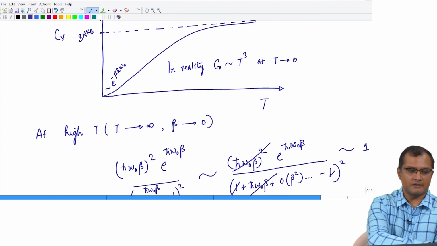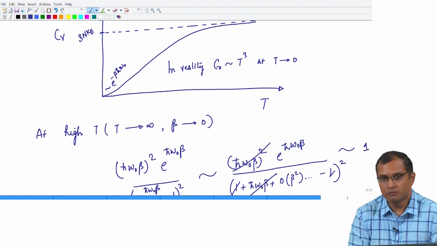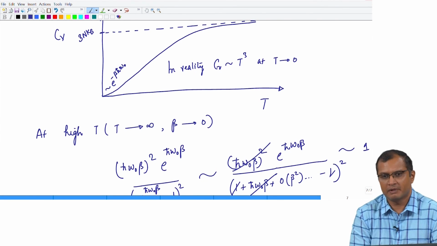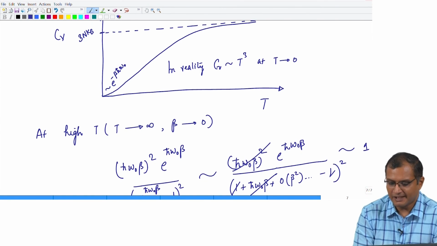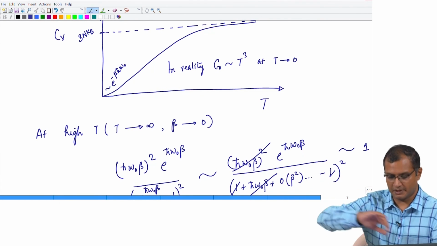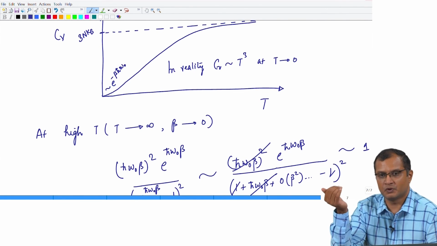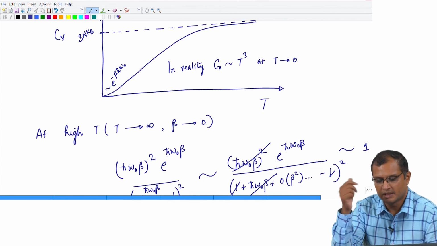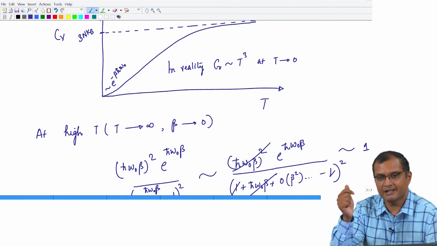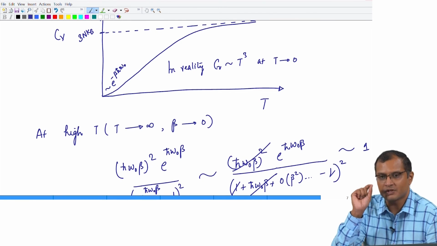This is called, in some sense, the T cube law, which is universally shown by most metals, and while Einstein's law is fairly accurate over the overall temperature region, it does not show a T cube universality at low temperatures. And so, in the next class I will show why this T cube universality cannot be recovered in Einstein's law and what one has to do in order to recover it.